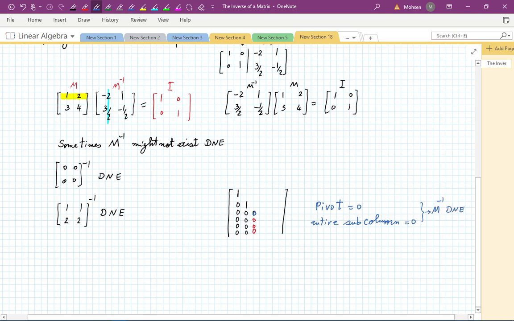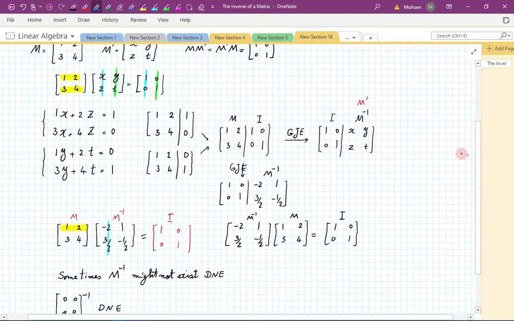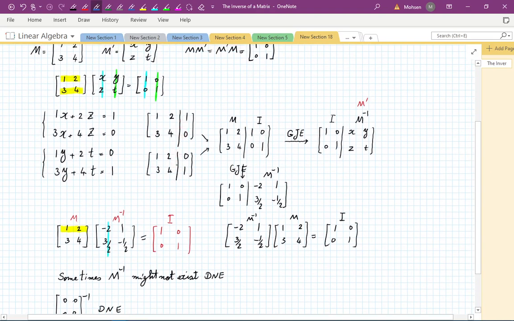We cannot proceed to make this into an identity. It means that for that particular matrix, at least one of the systems you want to solve cannot be solved, and the process just stops.